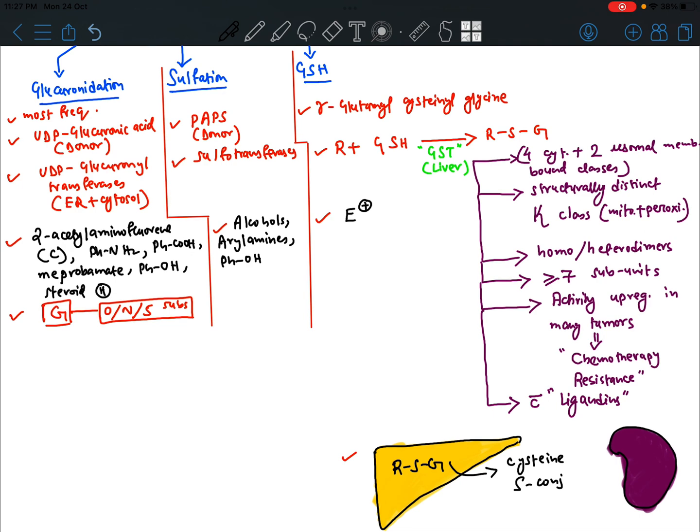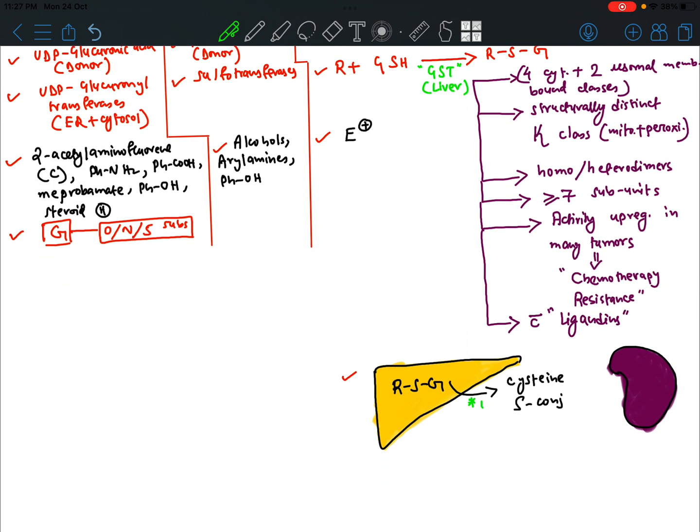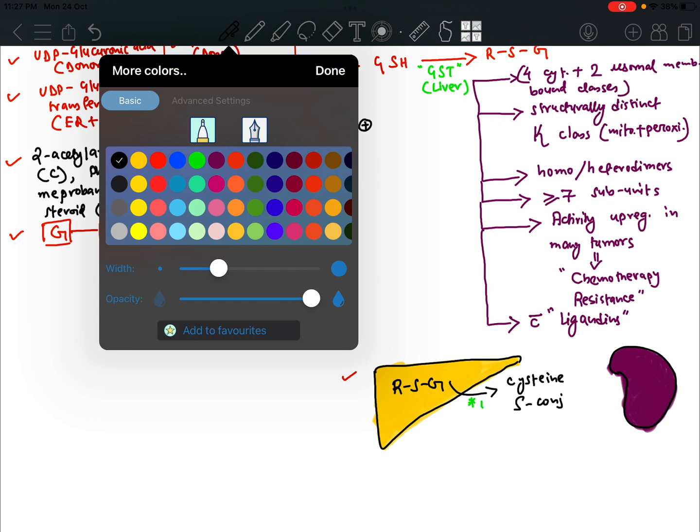How? What's the enzyme here? Let's mark it *1. We'll write the enzyme later. It goes to the kidney.